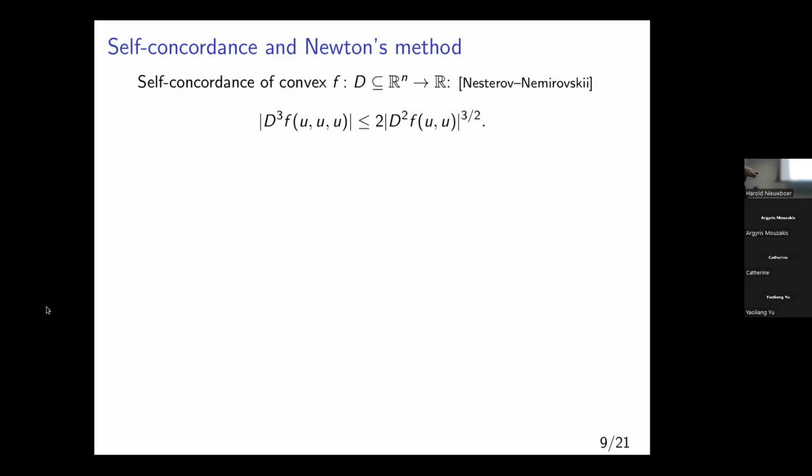This power of 3/2 is a little bit annoying, but it's also good, because if I rescale this u by some parameter lambda, then the left scales like lambda to the 3, and the right also scales like lambda to the 3, precisely because I added this power 3/2. It's invariant under rescaling whatever I plug in.